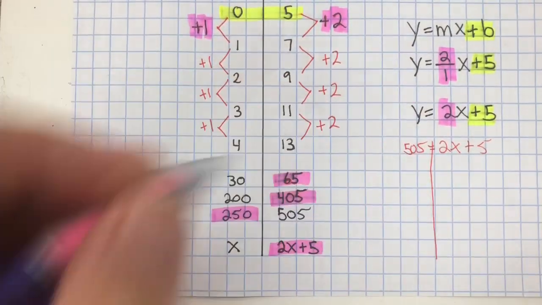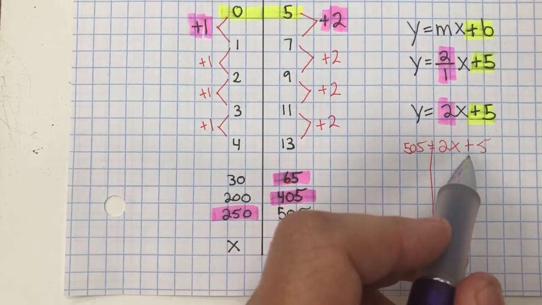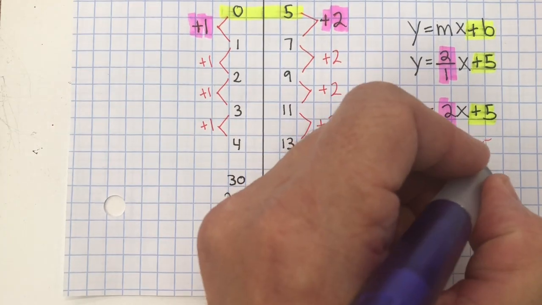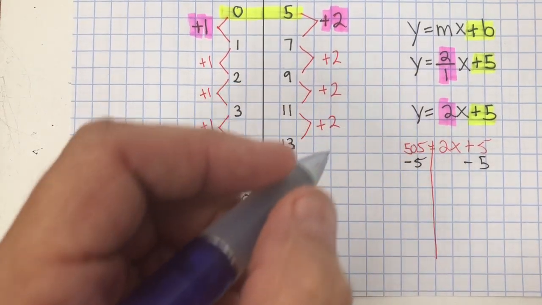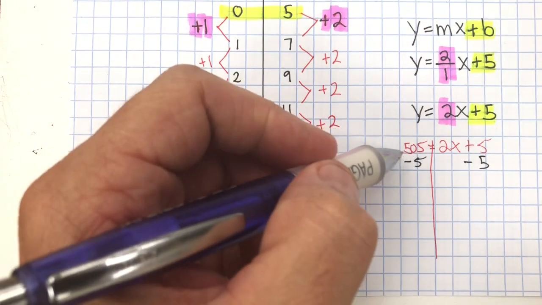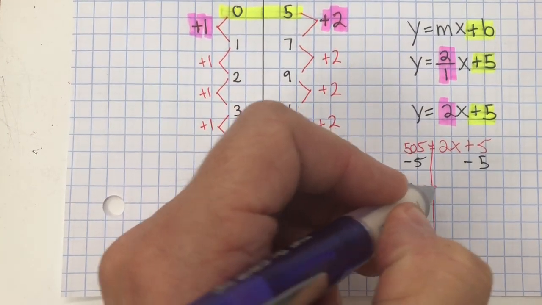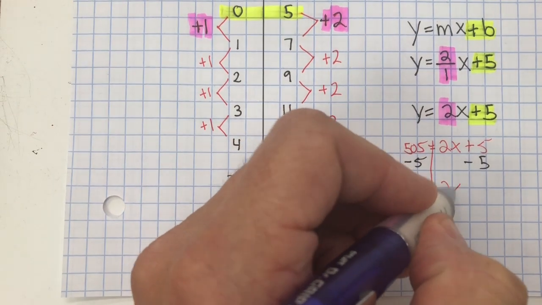And then I go ahead and solve this by using inverse operations. Inverse property of addition is subtraction, so we subtract 5 from both sides. And I get 505 minus 5 is 500 equals 5 minus 5, that's a 0 pair, so I'm left with 2x.